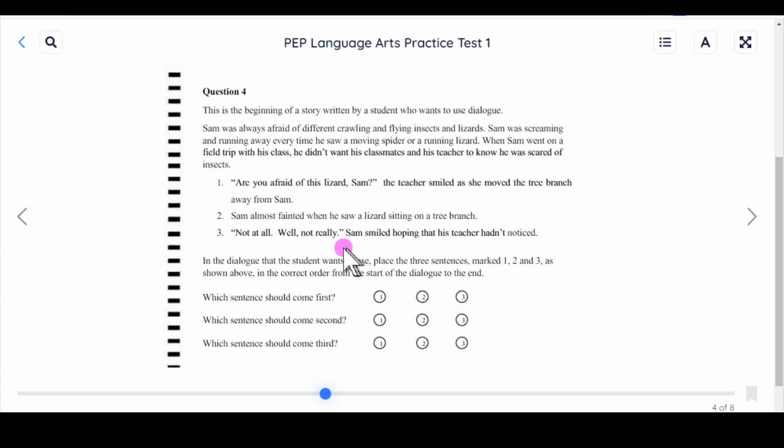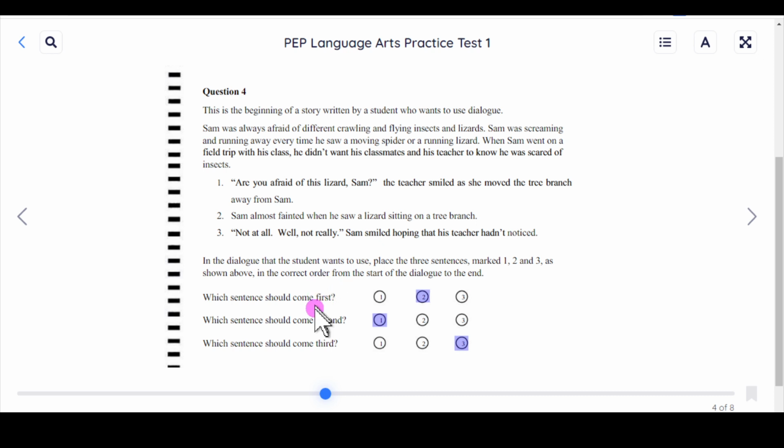And for the teacher to notice, Sam would have to have seen it first. Okay. All right. So which one should come first? I think 2, then 1, then 3. I think that's the correct order.